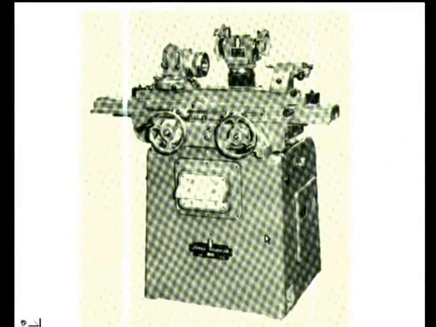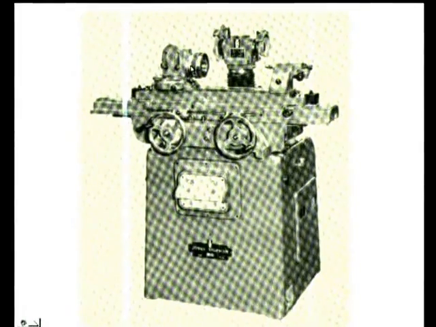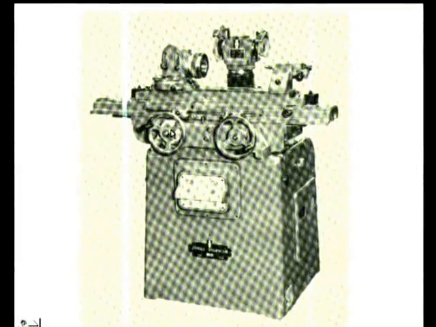Next, you can see different types of machines in this universal category. Again there is the bed, the wheel head, the tailstock, and the headstock, and these two slides for sliding, and two tables.